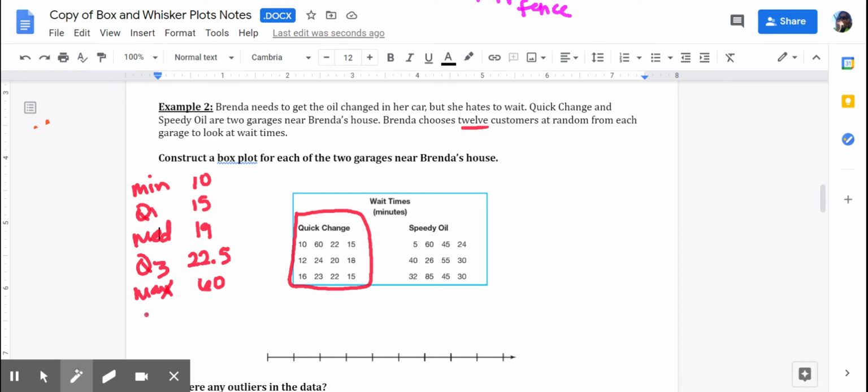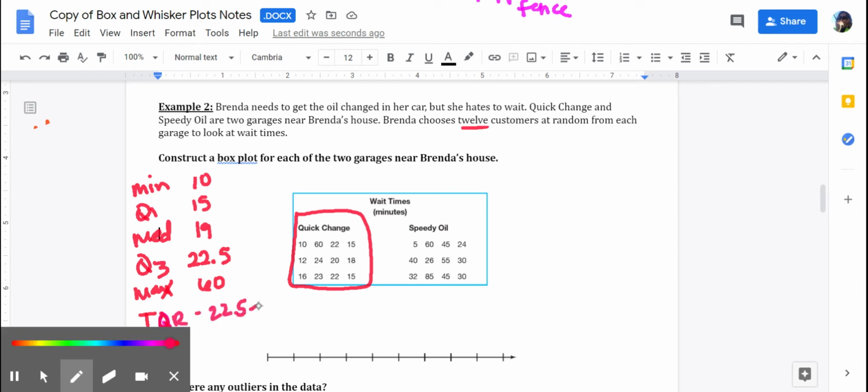While I'm here, might as well go ahead and find the IQR as well. Okay, so we'll take 22.5, and we'll go ahead and subtract 15. When we do so, we get an IQR of 7.5.